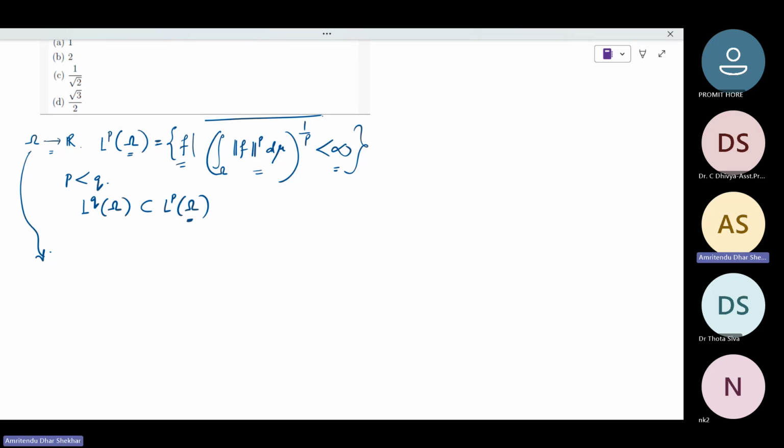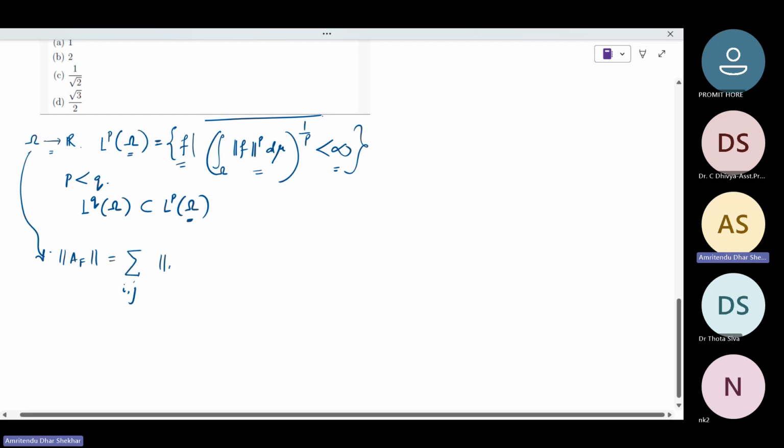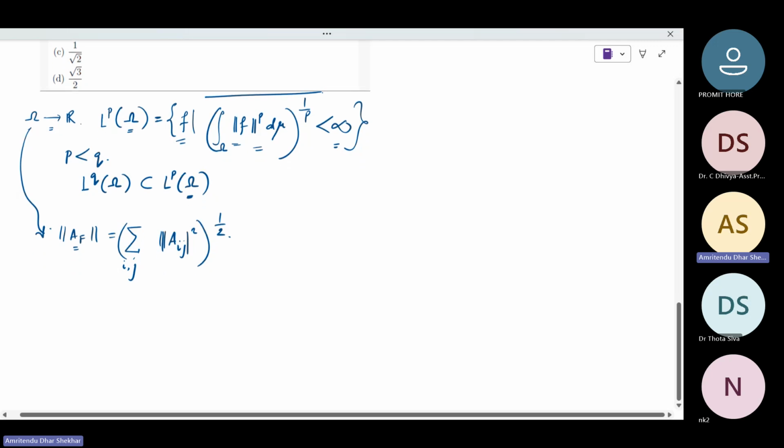The norm could be the Frobenius norm, let's say. The Frobenius norm ||A||_F is just the sum over i, j of a_ij squared, to the power half. So the Frobenius norm is like L2 for this thing. If you replace the integral by a sum, it's essentially equal to this.